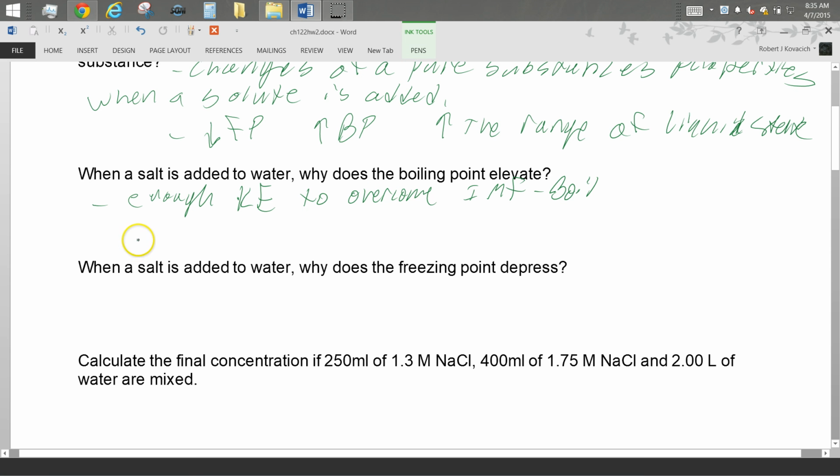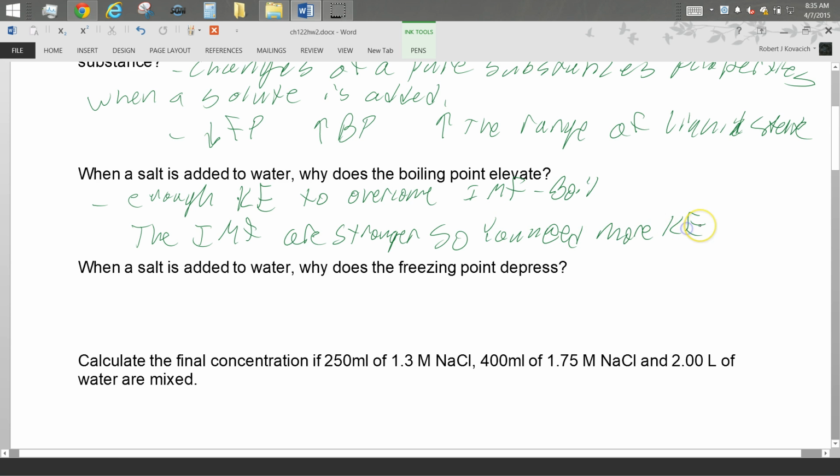So you need a higher amount of kinetic energy for the water molecule to break free, because now the water molecule is not just breaking free of itself, it's breaking free of the solute. So when it was just a pure substance, it was a water molecule trying to break free from another water molecule.